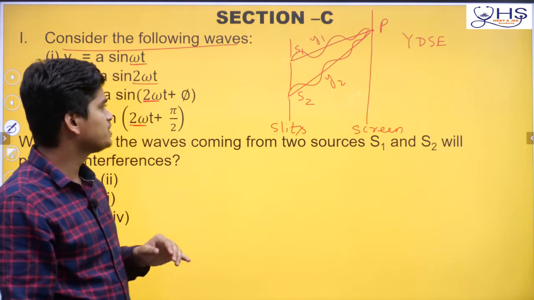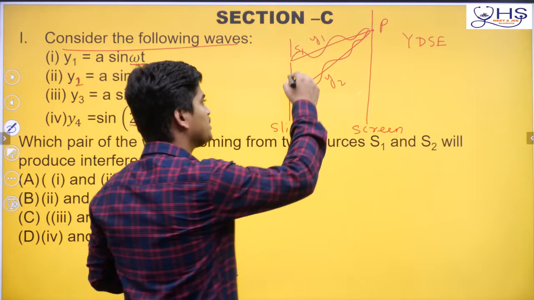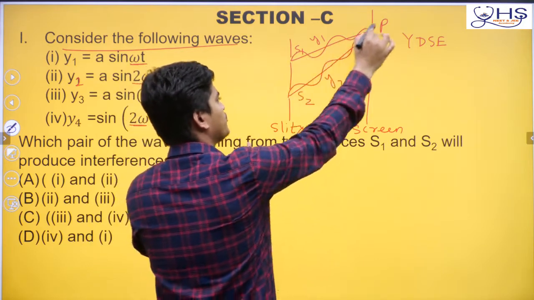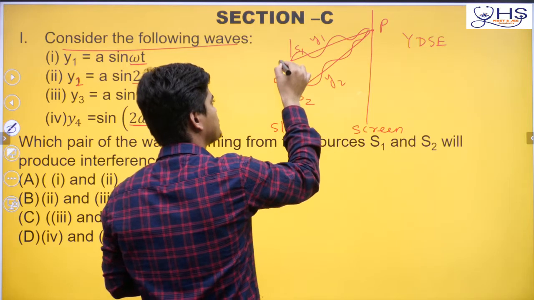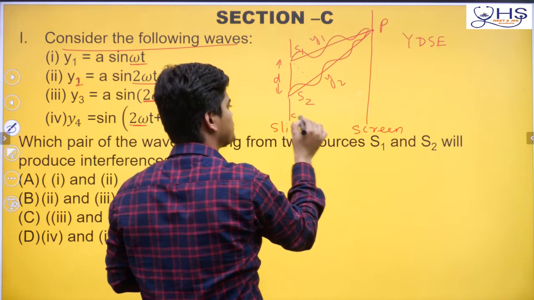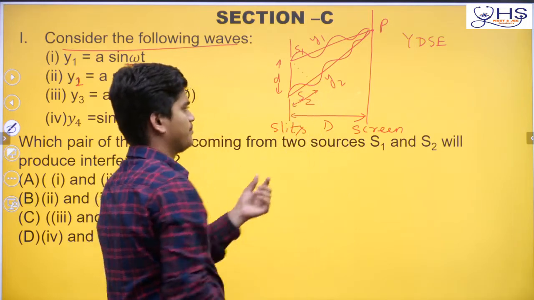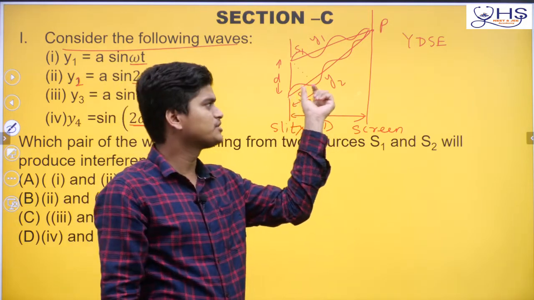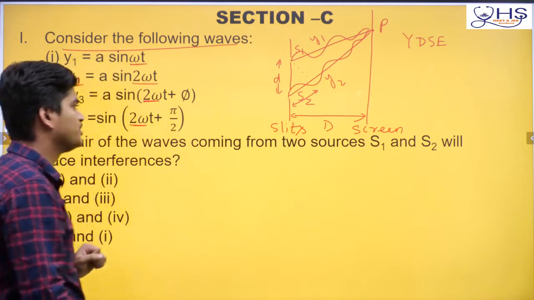The second thing you have to see is that there should be some phase difference between the two waves. This wave is going from here, that wave from here. The distance between the slits is small d, and the distance to the screen is capital D. Some path difference will come, and path difference means there should be some phase difference phi.